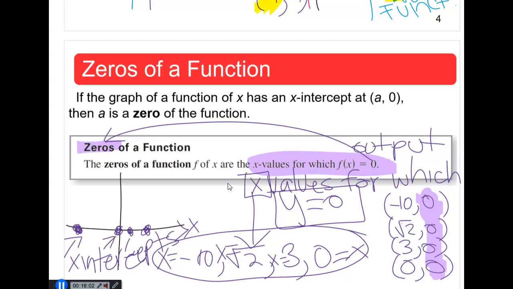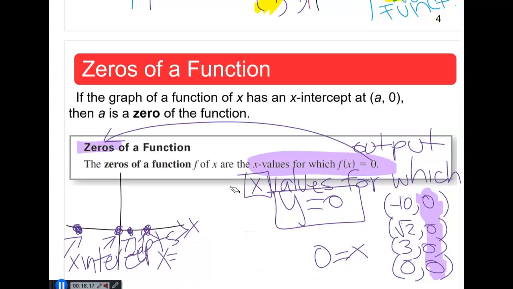All of those. So we're going to learn how to find them, how to identify them, how to use them to our advantage. For example, if we were given the x-intercepts, we're going to learn how to find the zeros.